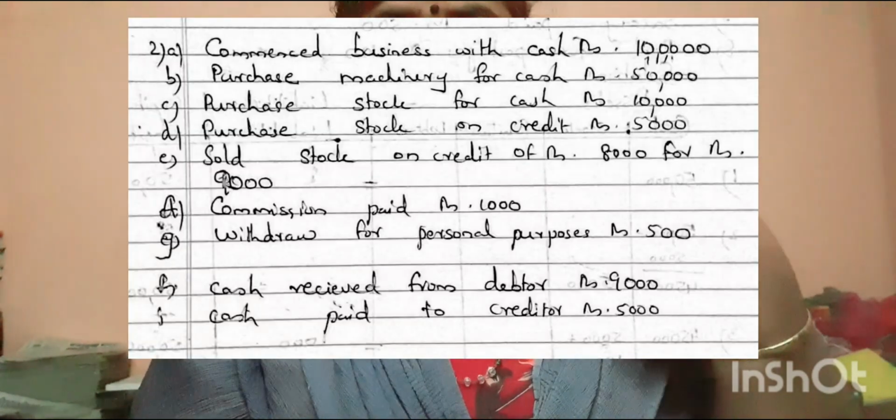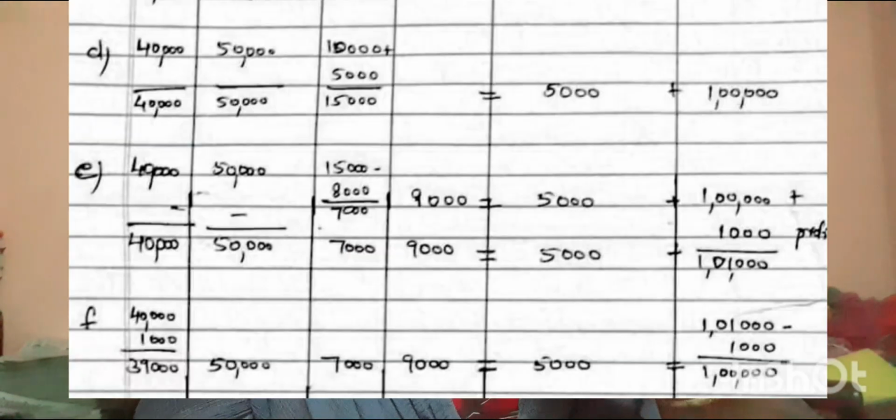Then sold goods on credit means we have not received the cash. So in this situation, a debtor, the person who owes money to the business, is a debtor. Debtor will arise. Then debtor is an asset. It will be shown on the asset side. That is, 8,000 rupees worth of stock is sold for 9,000 rupees. Three changes will happen in this transaction. 8,000 rupees stock will reduce and 9,000 rupees should be received from the debtor.